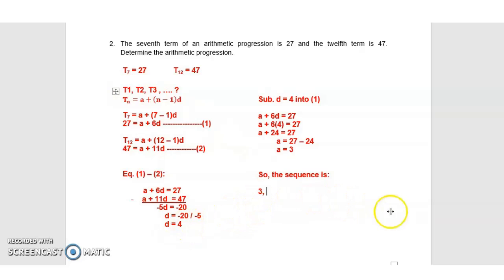So T2 is 3 plus 4 equal to 7. To get T3, plus again the common difference. So 7 plus 4 equal to 11. For the fourth term, again plus the common difference. So 11 plus 4 is 15 and so forth. So at least we give the first 4 numbers.